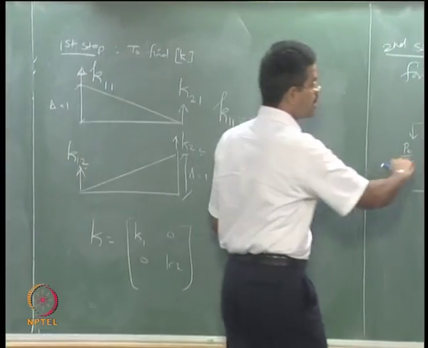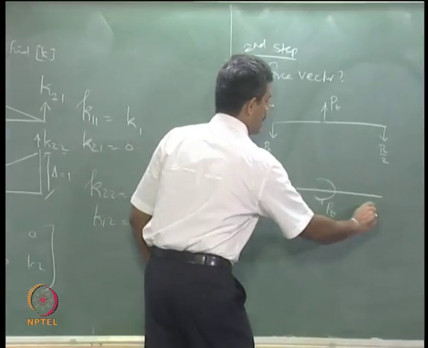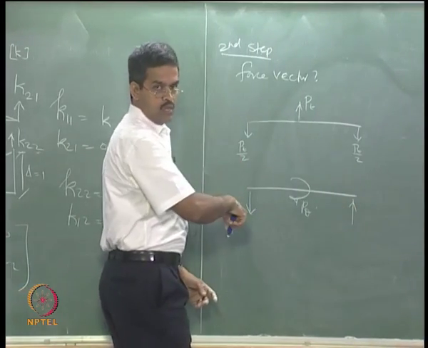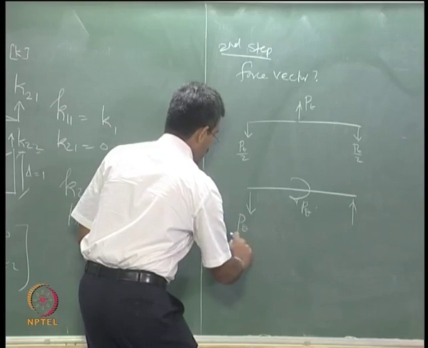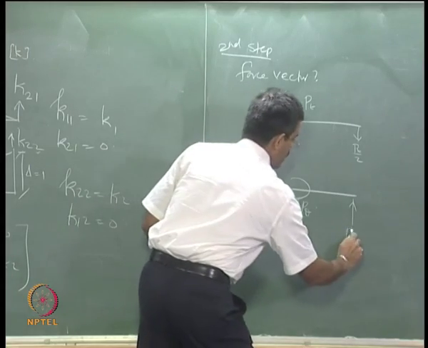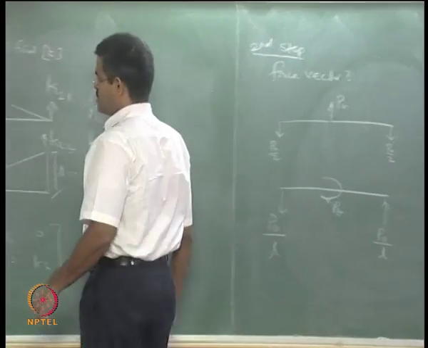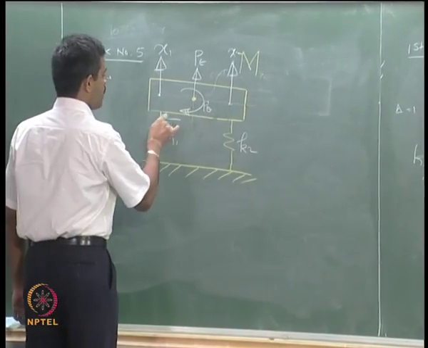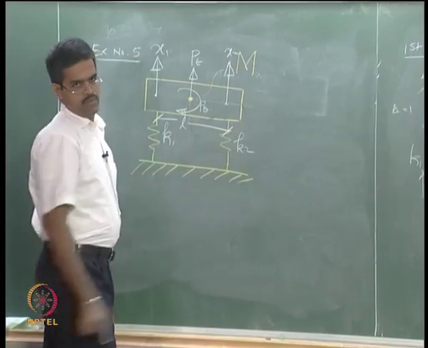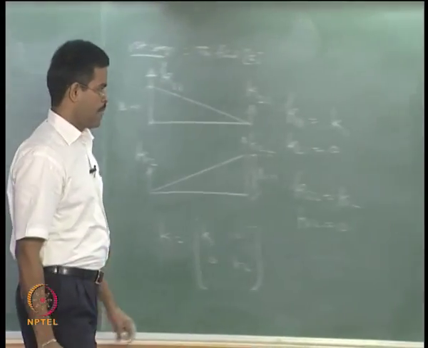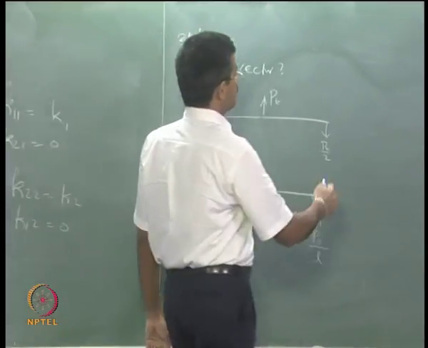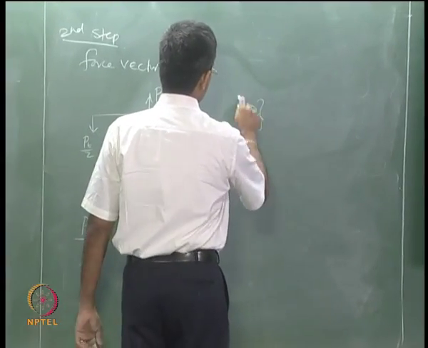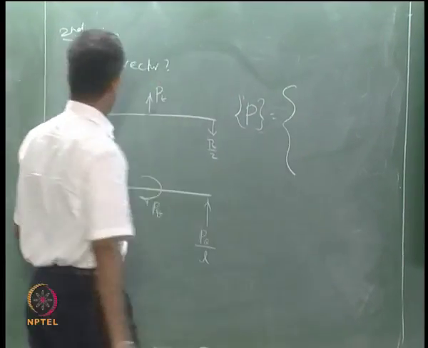So there is a clockwise moment, and I would like to make an anticlockwise couple to counteract this, that is nothing but P theta by L, where L is the distance between these 2 points.